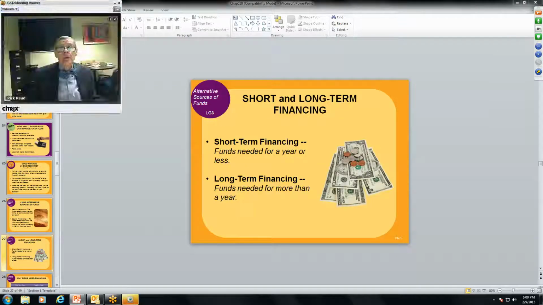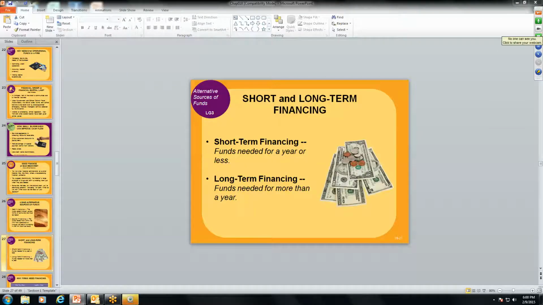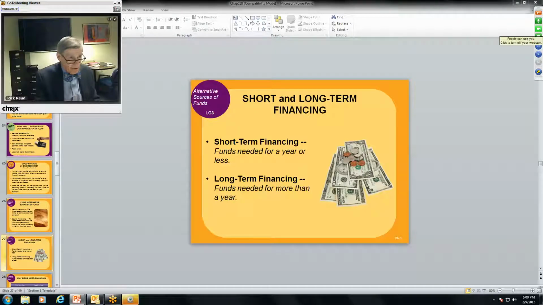Now we know what these two are, and we've talked about these before. Short-term financing, long-term financing. Short-term financing is for a year or less. And long-term financing is for a year or longer. Many times, as we saw on the previous slide, longer-term financing will be up to 5 years and sometimes even as far as 10 years.